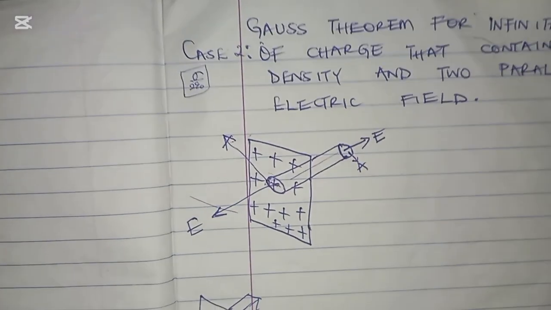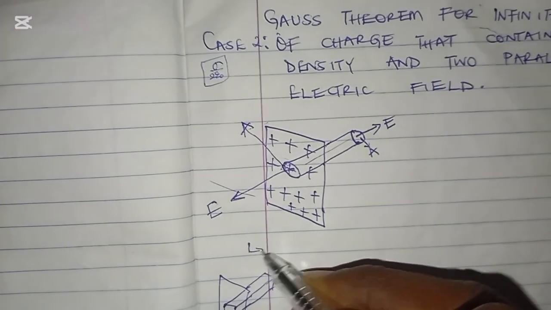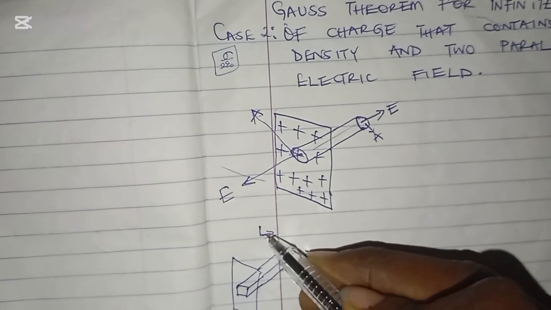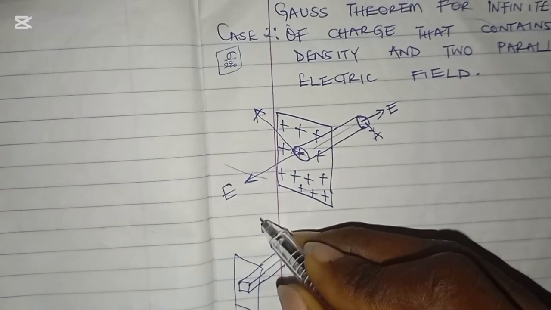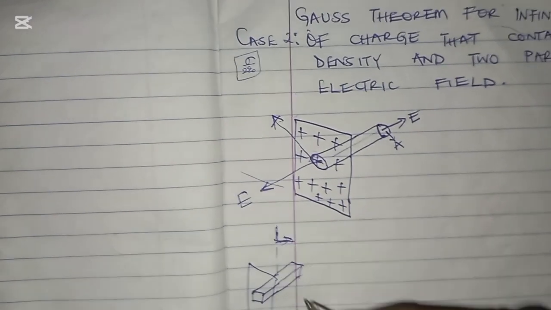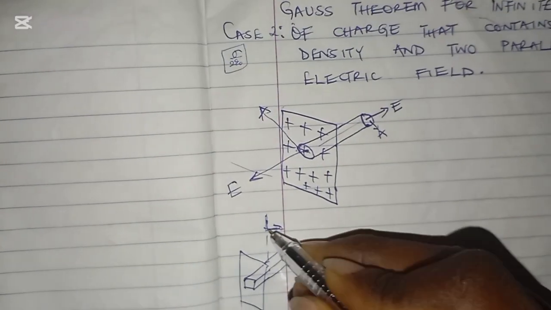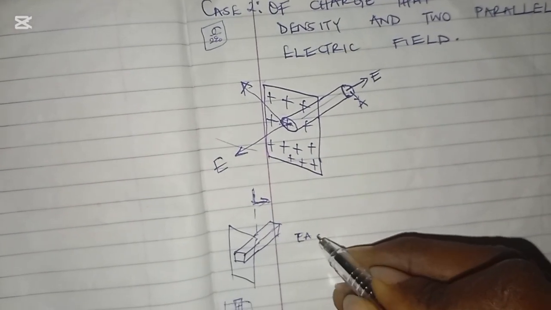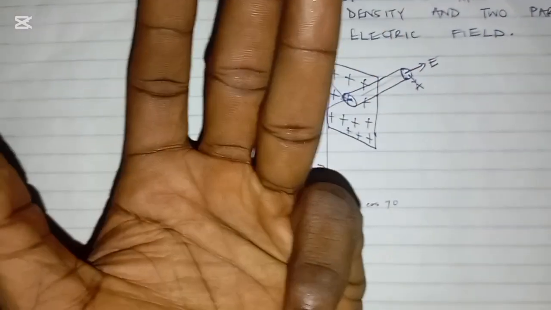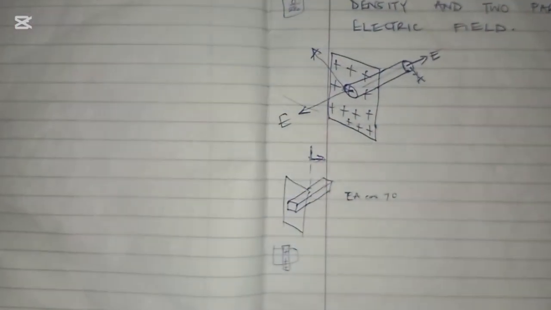You need to note, write it down, that electric field always moves perpendicular, at 90 degrees, to the surface, so in the curved part we have E A cos 90. Cos 90 is 0, and that means this is 0.